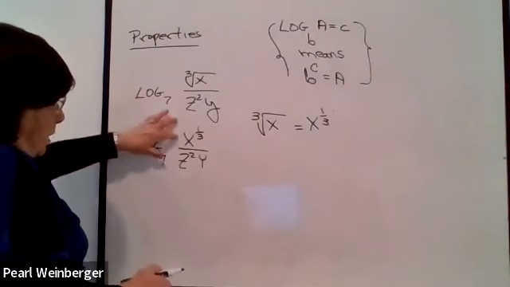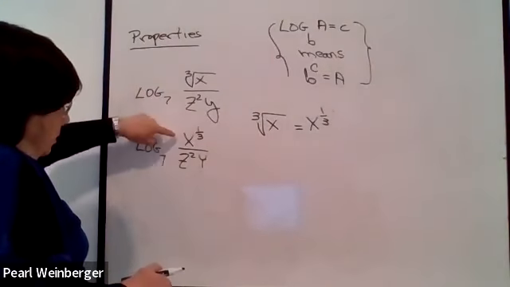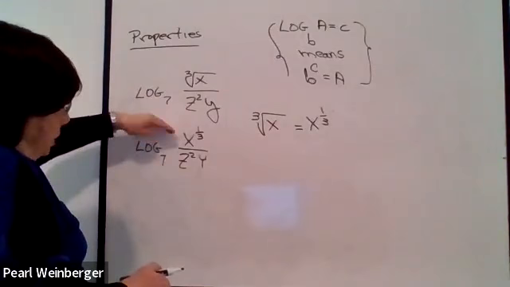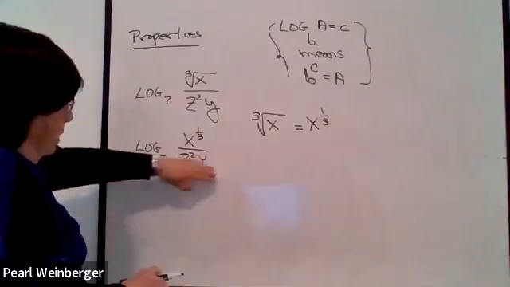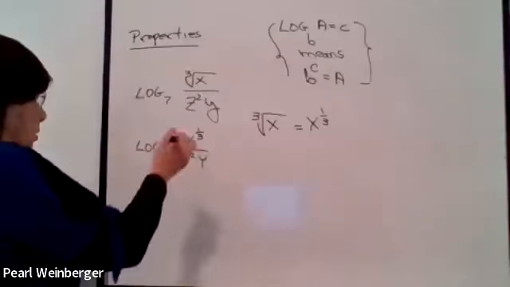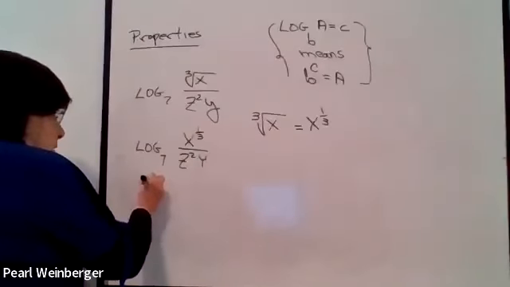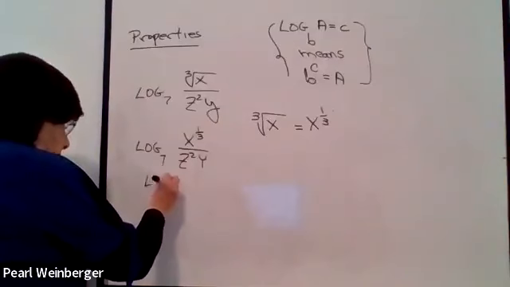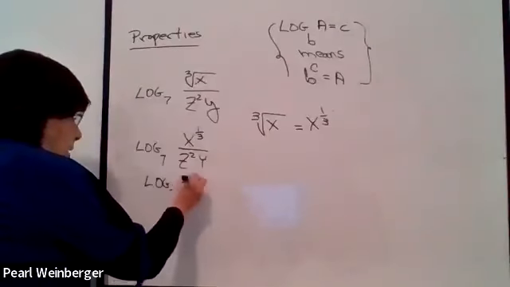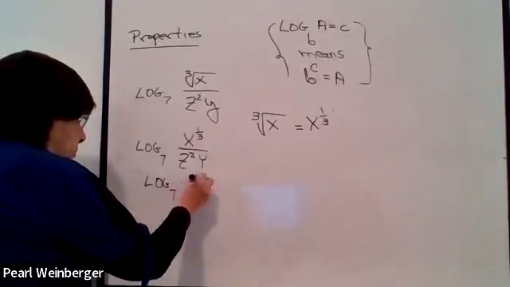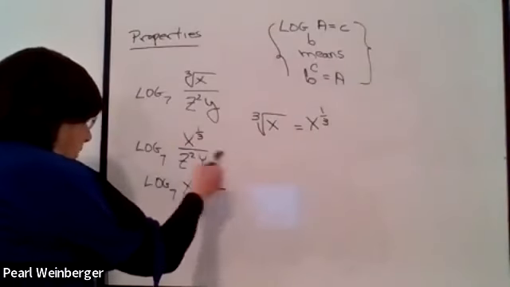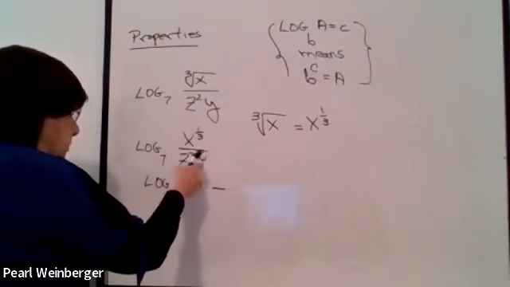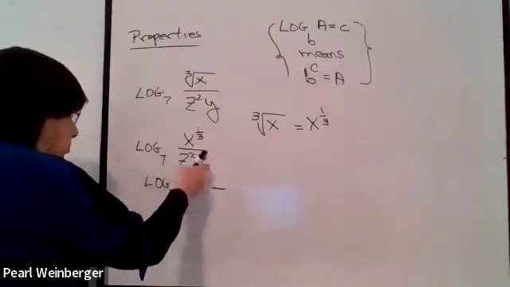So I see that first of all, I have this x to the 1/3 being divided by z squared y. So when it comes to logs, I'm going to do the log base 7 of x to the 1/3 minus, and I'm going to have to subtract both of these because I'm dividing by both of these.